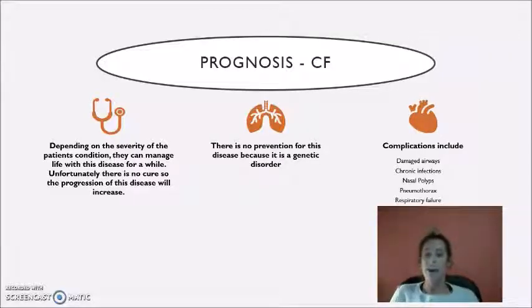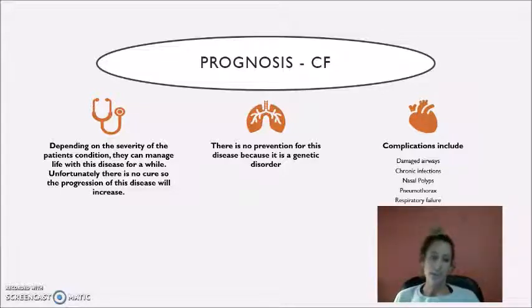Prognosis for CF. Depending on the severity of the patient's condition, they can manage life with this disease for a while. Unfortunately, there's still no cure for it. So the progression of this disease is always continuous, but there are ways that you can try to slow it down and manage it. Like I said, there is no prevention for this disease because it is a genetic disorder.